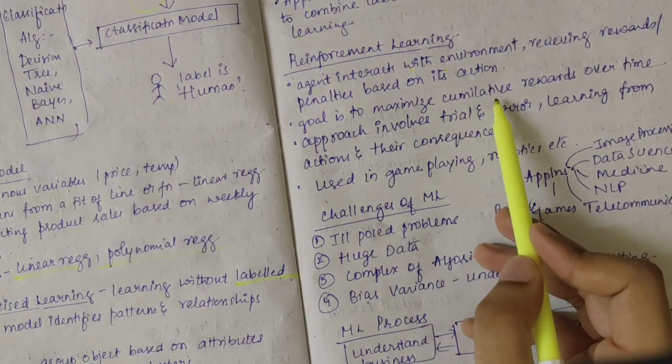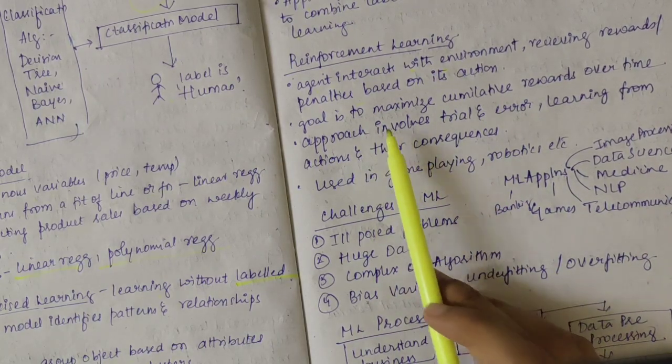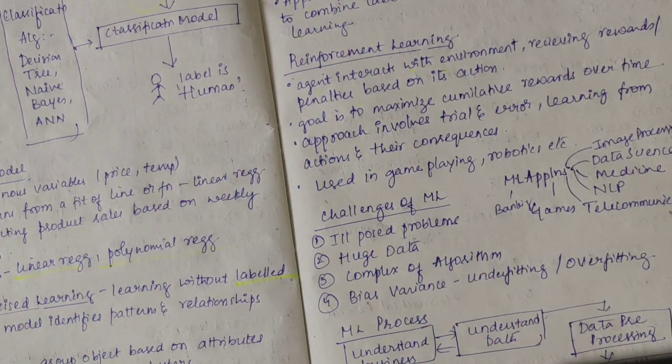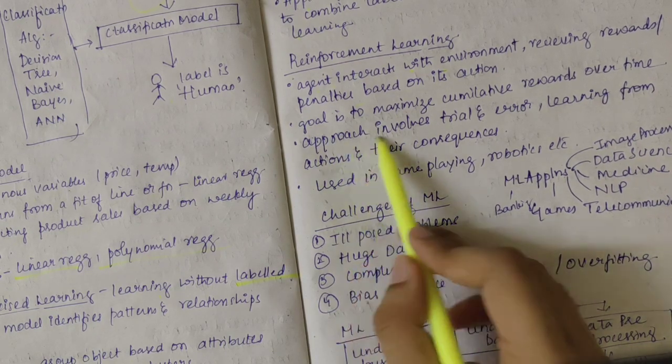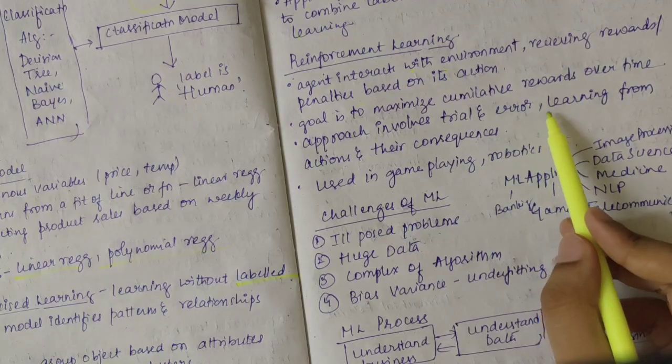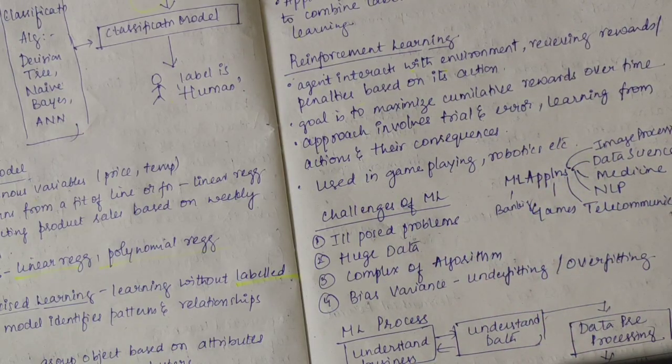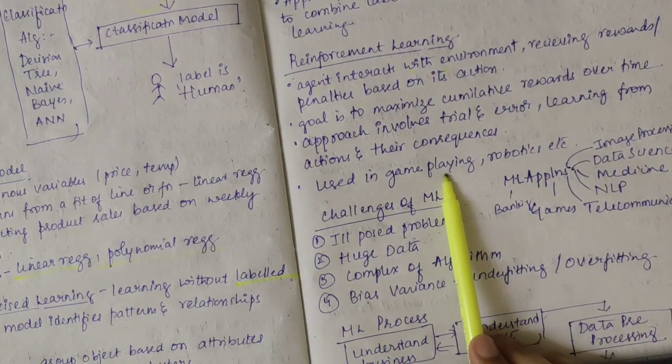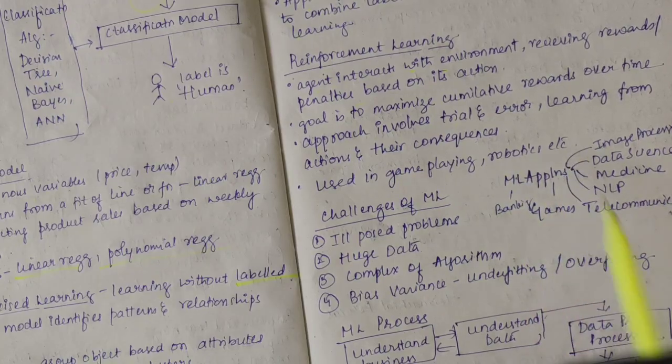The goal is to maximize the cumulative reward over time. If the rewards are more over time, that means whatever process or operation was expected has been successfully completed in a certain time. It is an approach which involves trial and error, learning from actions and their consequences. It is used in game playing, robotics, and so on.